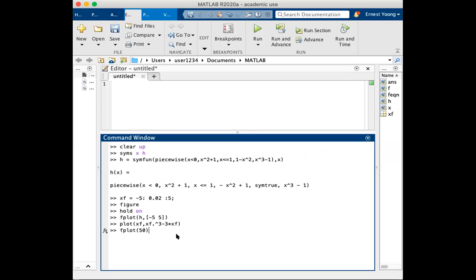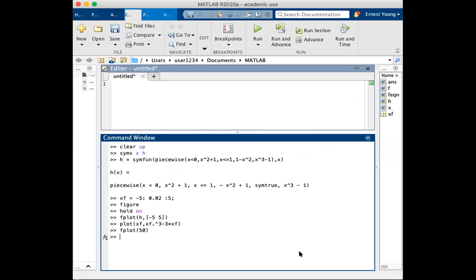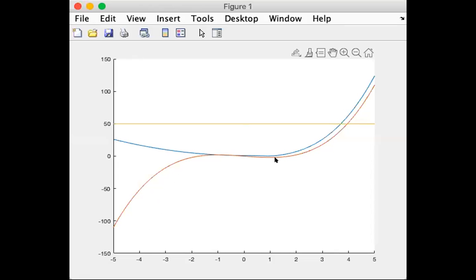Let's say y equal to 50, which gives a horizontal line like this. If you don't say which color, MATLAB itself will give you a default color.